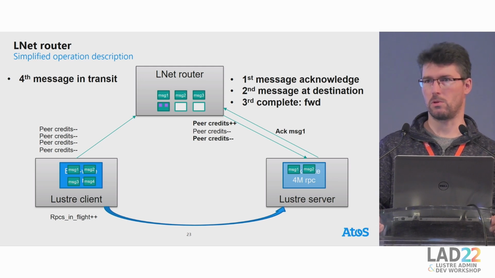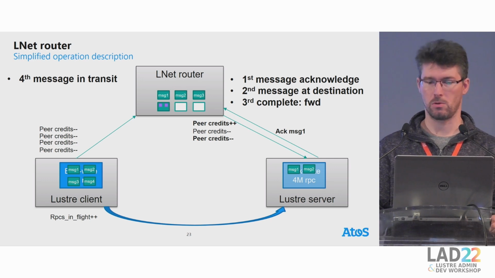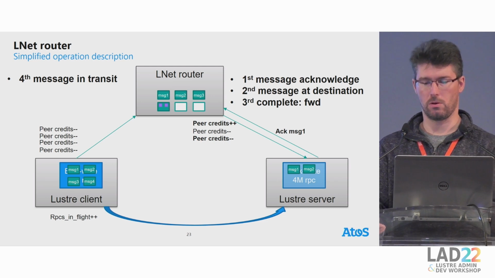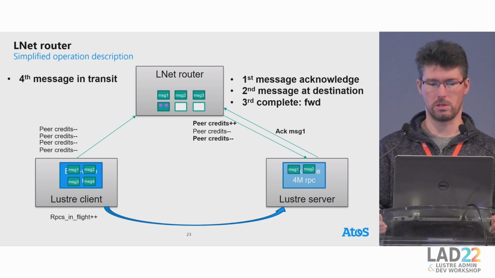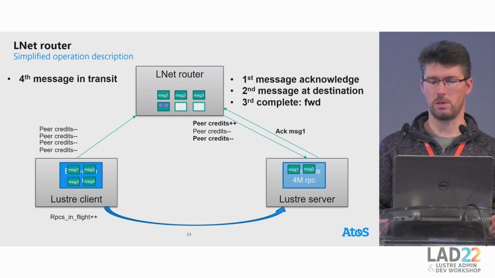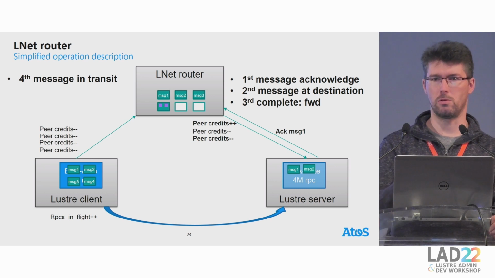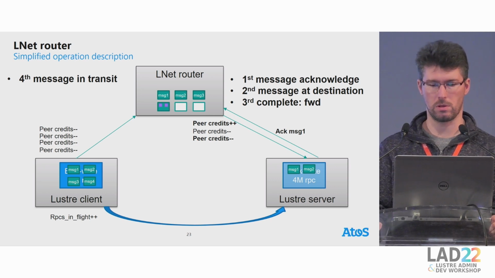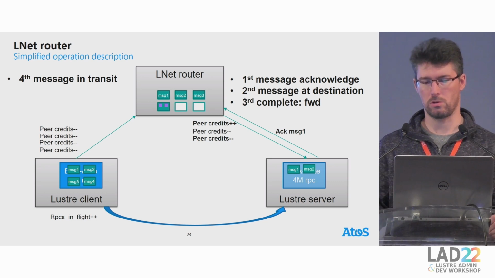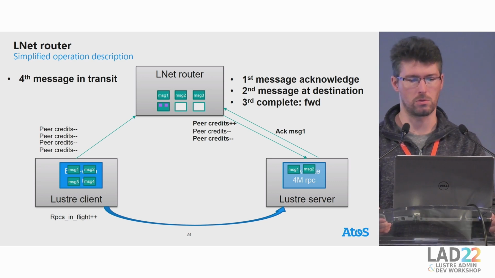At this time, the server will acknowledge the reception of the message to the router and continue to receive the other messages. By acknowledging the reception of the complete message, it also returns the peer credits which were associated to it. So we can increment the peer credits on the router side.